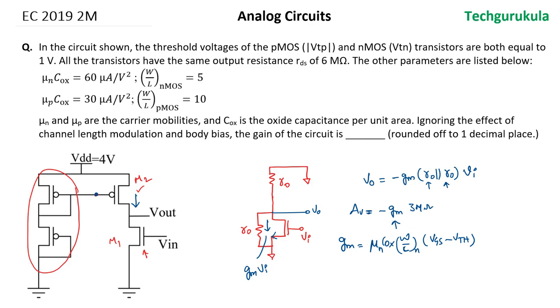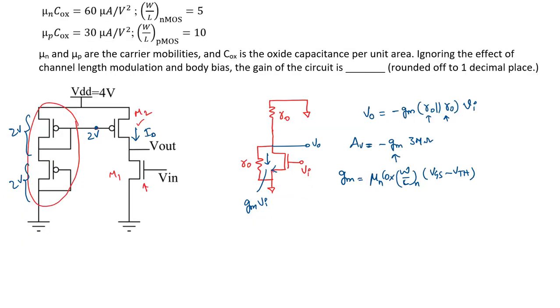As both are identical, voltage across this transistor should be equal to voltage across this transistor, as they are going to allow the same current to flow through. So hence this should be 2 volts, this should be 2 volts. If that is the case, this should be equal to 2 volts. We know that current flowing through PMOS transistor M2 and NMOS transistor M1 should be equal.